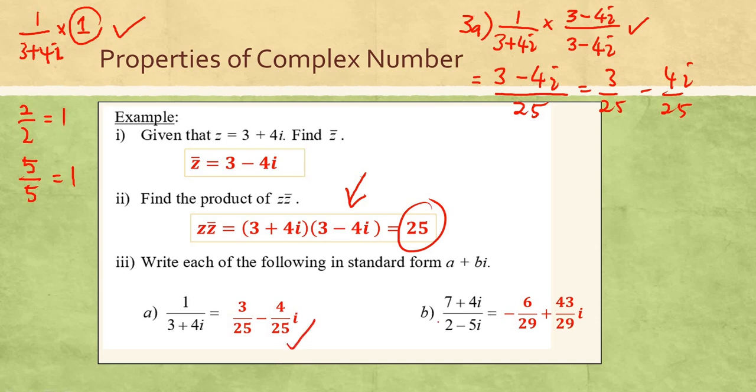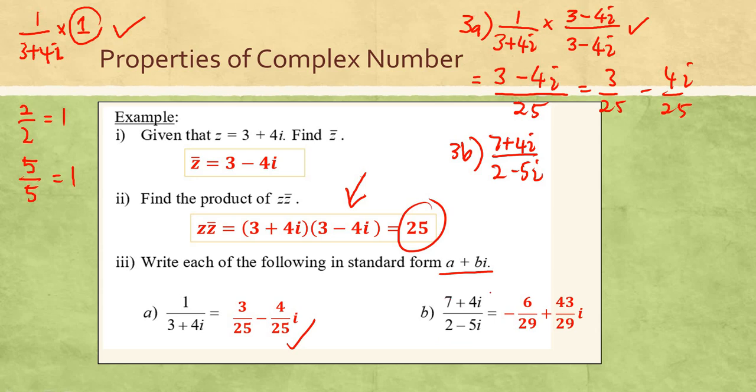Okay, similarly with B, 3b. So how do we solve for 3b? We have 7 plus 4i over 2 minus 5i. So which one to use? Remember, when we want to rationalize the denominator, the bottom part here, we want to rationalize so that we have in terms of a plus bi, we only see at the bottom part.